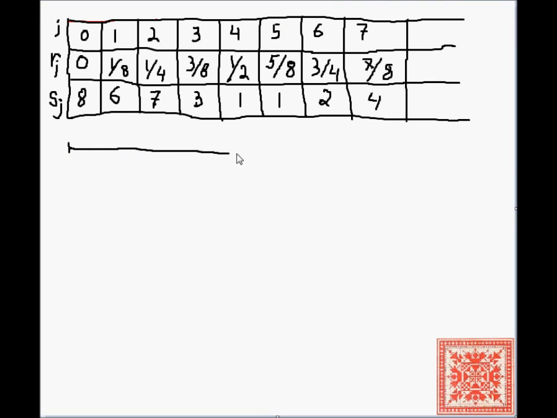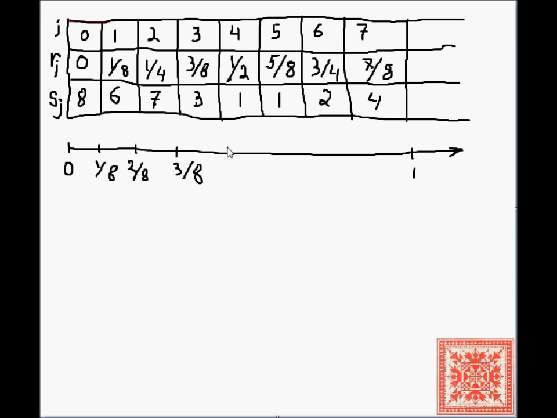Okay, so here's another example. In this case we have 8 samples. The first sample point is taken at 0, the second sample point is at 1 over 8. Then we have another sample point at 2 over 8, which is 1 over 4.